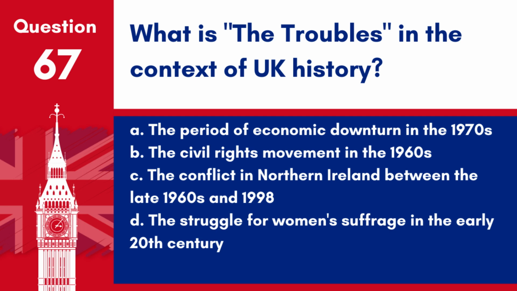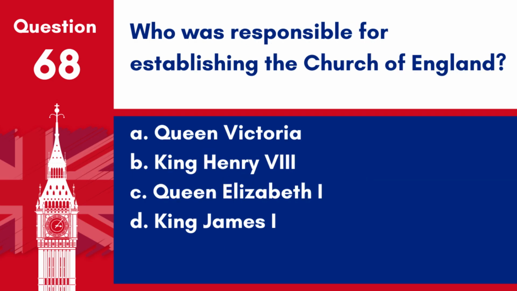Answer: C. The conflict in Northern Ireland between the late 1960s and 1998. The Troubles refers to the period of conflict in Northern Ireland that lasted from the late 1960s until the Good Friday Agreement in 1998.